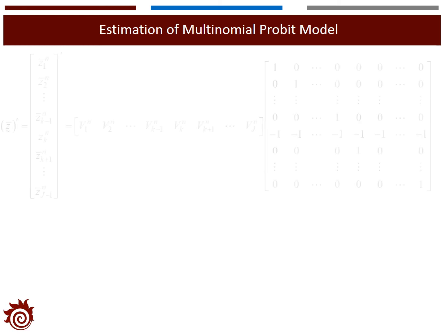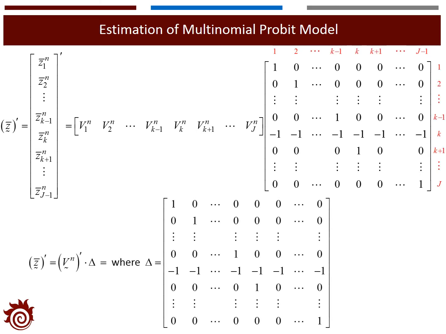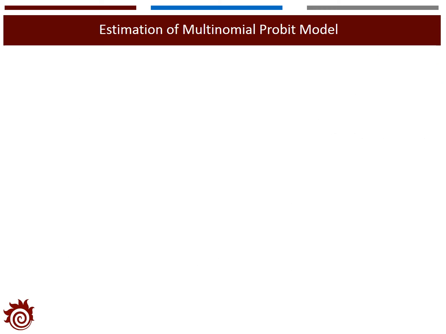And then we can estimate the mean of the variable z, which will be the deterministic component. It will be the deterministic utility times the transformation matrix. That would be v prime times delta. The covariance matrix of z can be estimated by this equation, that is delta prime times sigma xi times delta.